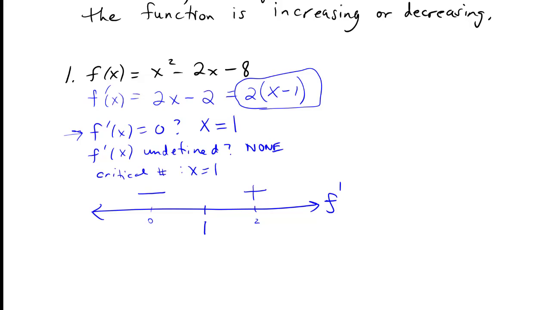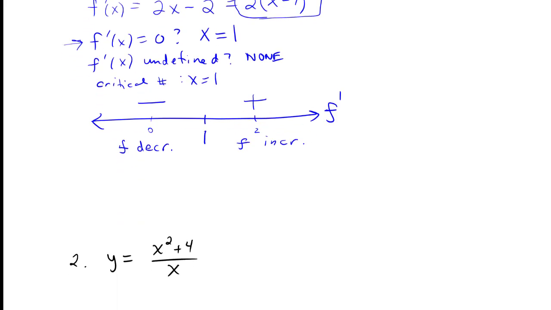Okay, so remember, a negative derivative, what does that tell me about the function? Negative derivative tells me the function f is decreasing. So that's the sign of the derivative telling me about what the original function is doing. Derivative positive tells me f is increasing there. Okay, so that's pretty much given me everything I wanted to know.